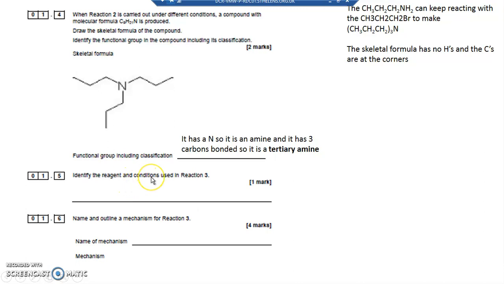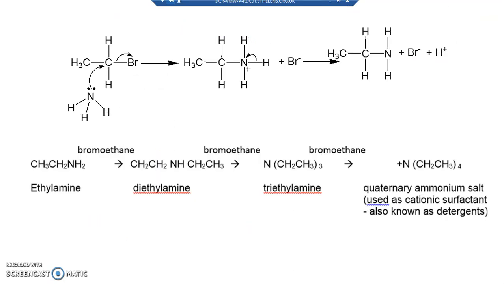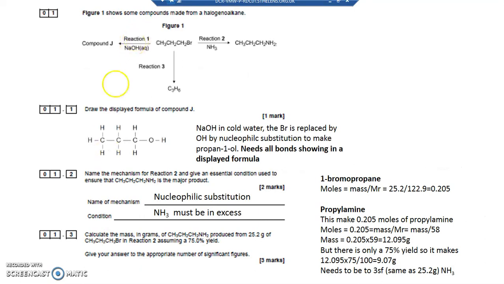Identify the reagent and the conditions used in reaction 3. So in reaction 3, let's look back at reaction 3. Reaction 3 here, the Br has been removed and I've now got C3H6. I've got a double bond. So this is the reaction that I talked about before.